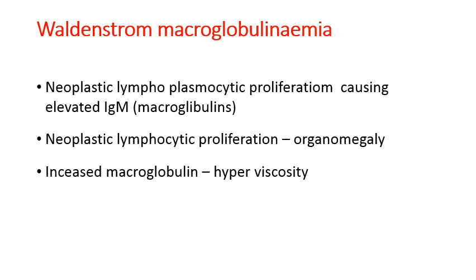IgMs are big molecules, which is why you call them macroglobulins. This neoplastic B lymphocyte proliferation can occur in any organ, so it can cause organomegaly, commonly lymphadenopathy and splenomegaly. The increased macroglobulin also causes hyperviscosity, and they can present with neurological features.